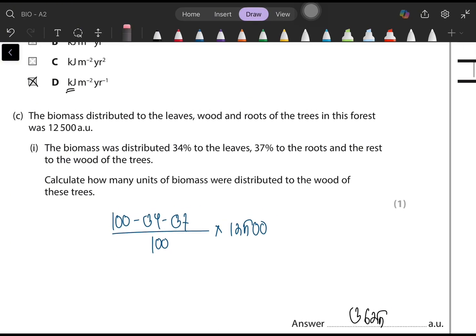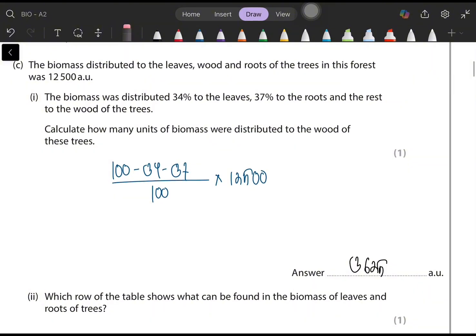This is how it looks. Which row of the table shows what can be found in the biomass of leaves and chlorophyll? So what is this biomass? Biomass is the total mass of the living organisms, in short. How is this biomass formed? Suppose these are small molecules, either amino acids or glucose.